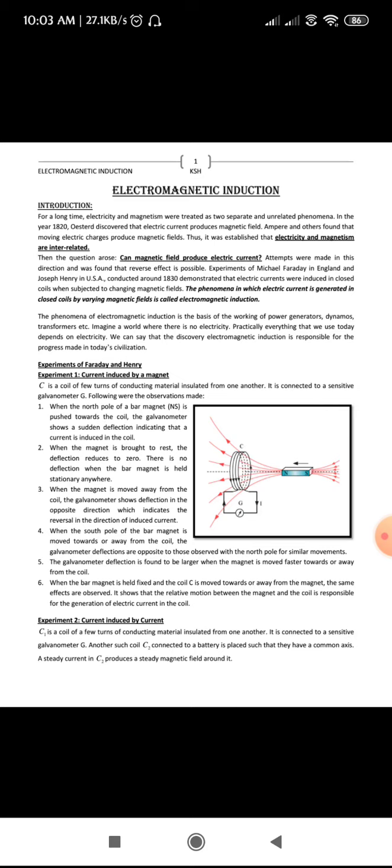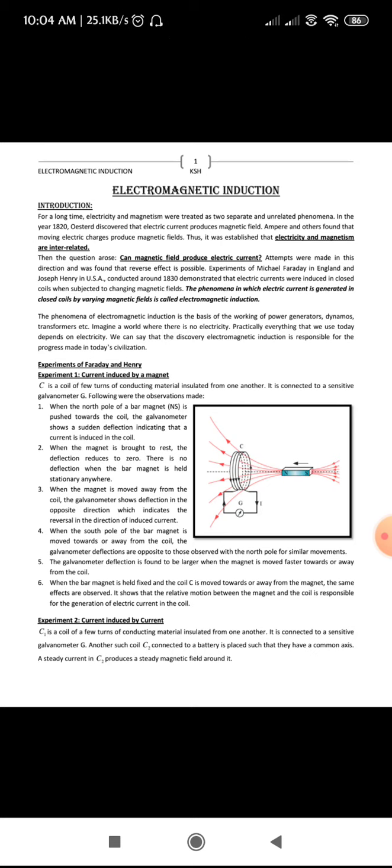Ampere and other scientists then found that electricity and magnetism are interrelated. Ampere conducted experiments showing that moving electric charges produce magnetic fields. So this established a relation between electricity and magnetism.